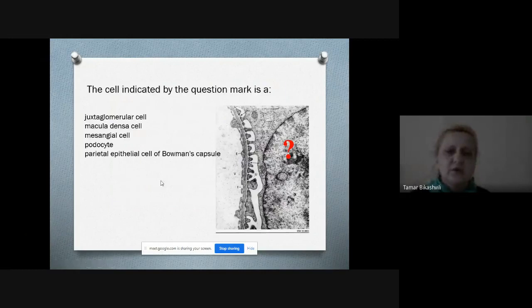Now answer this question. The cell indicated by this question mark, what cell is it?